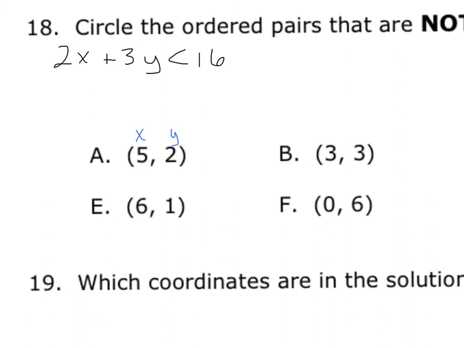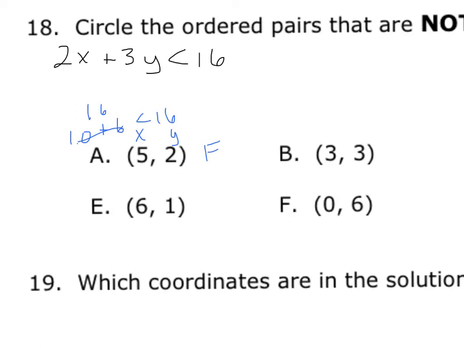Okay, so x is 5, so 2 times 5 gives us 10. And then 2 times this 3 gives us 6. So 10 plus 6, and we're saying that's going to be less than 16. Well, 10 plus 6 is 16. And now we're left with 16 is less than 16. And that is not a true statement. That's false. So I'm going to label that false.